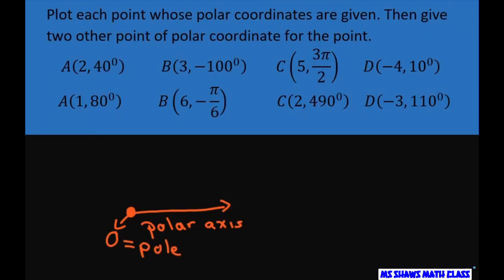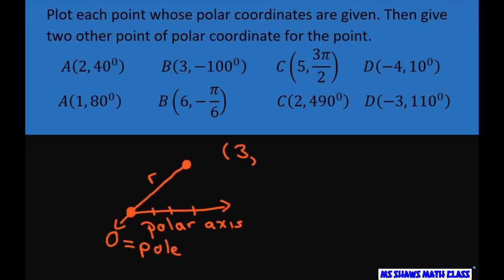And then your ray, you make a ray here, something like this. That's your radius. So, for example, we could say that this is 1, 2, 3.